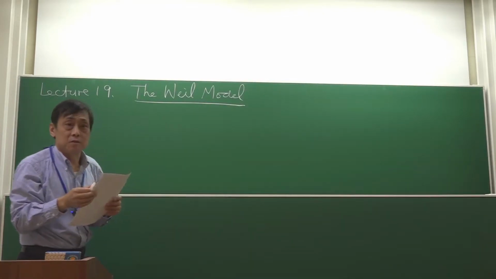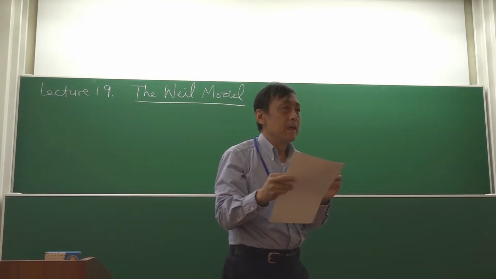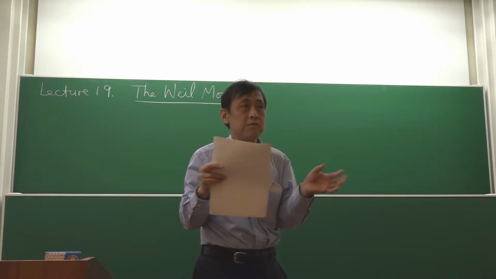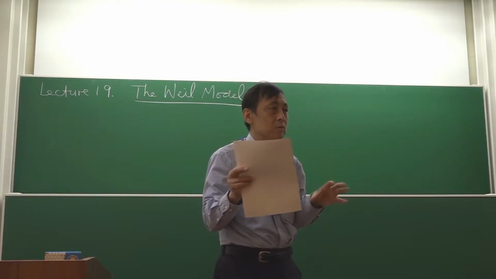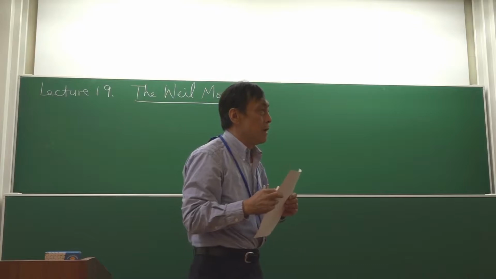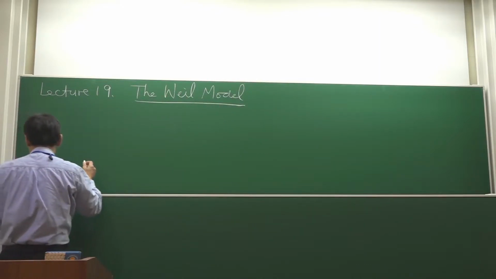All right, so in the last lecture, I defined the Weil algebra. And the Weil algebra is going to be an algebraic model of the total space of the universal bundle. Okay.